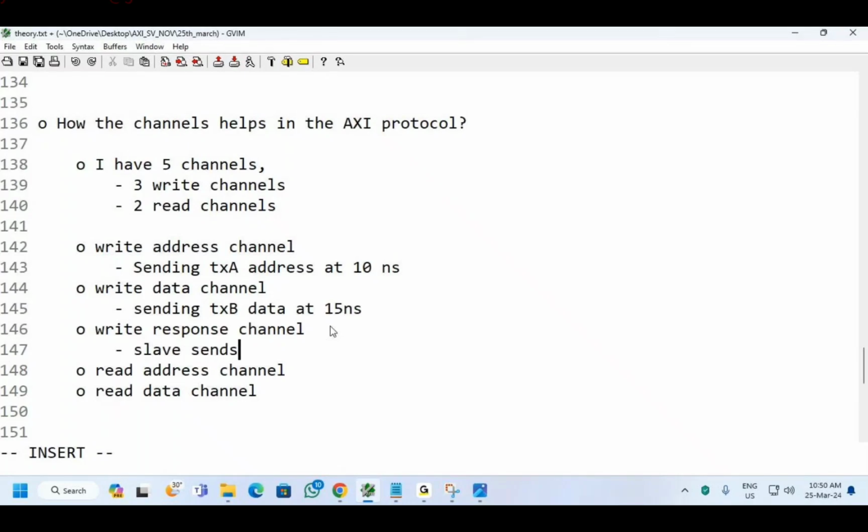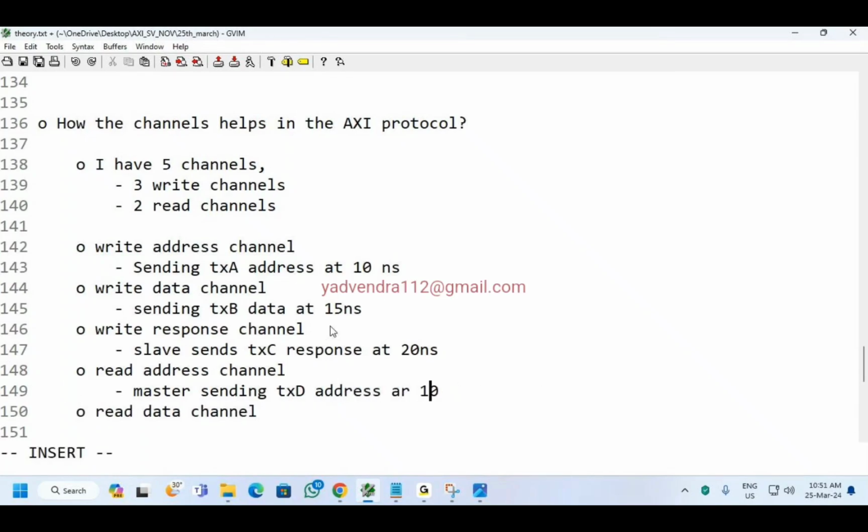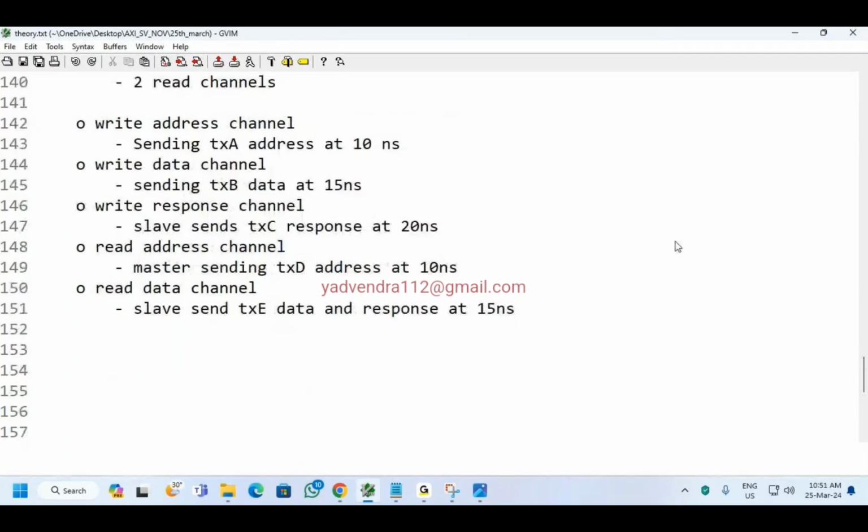Slave sends transaction C response at 20 nanoseconds. Master sends transaction D address at 10 nanoseconds. Slave sends transaction E data and response at 15 nanoseconds. So by seeing these lines, guys, what have you understood?